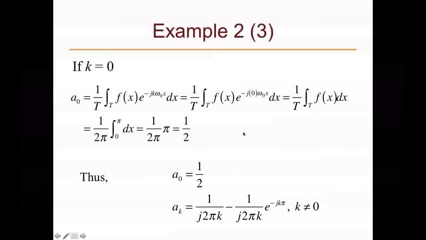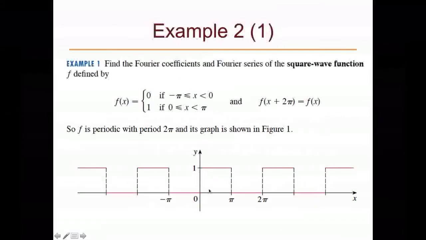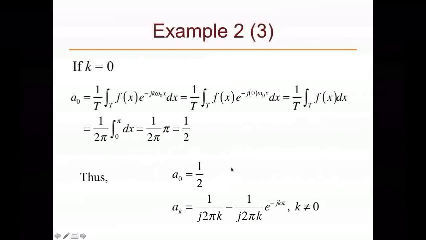And if we go back and look at the area under the curve here, it equals pi times 1. So this is only pi, and multiplying by 1 over T, you get a_0 equals 1 over 2. These are the Fourier series coefficients of the square wave signal.